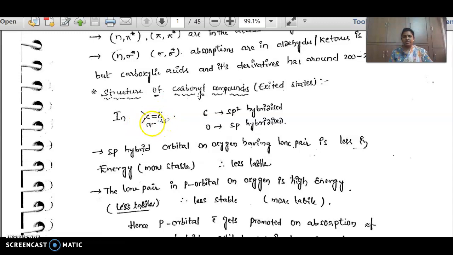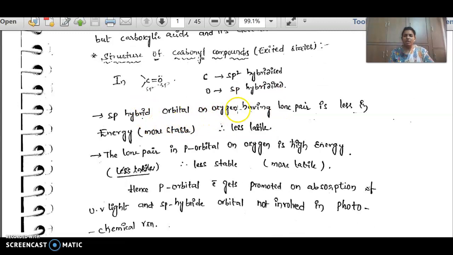On the carbon, if you see, the number of sigma bonds is 3, that is why it is sp2 hybridization. On oxygen we have only one sigma bond, so oxygen is sp hybridized.